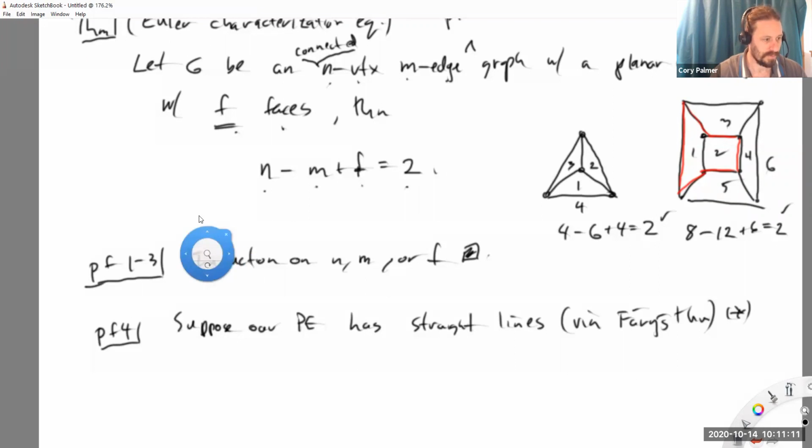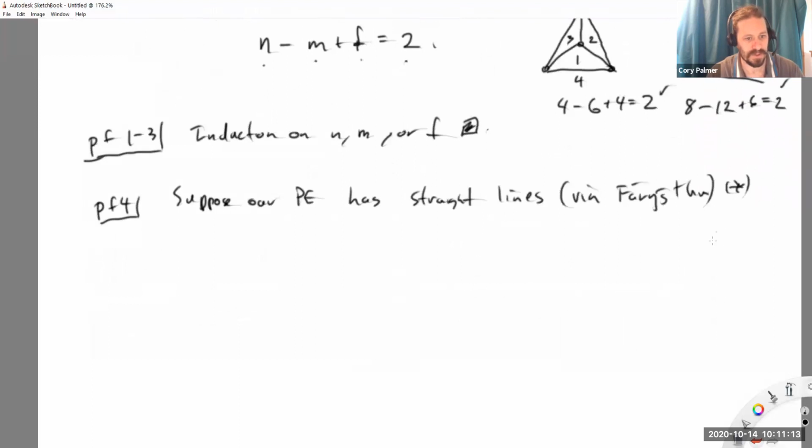Okay, so now let's draw an example graph over here that we're going to work with. So there's a planar graph with a straight line embedding.